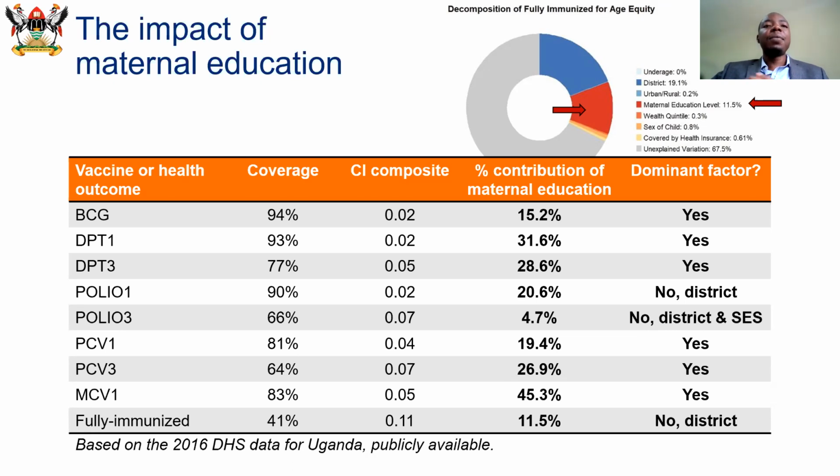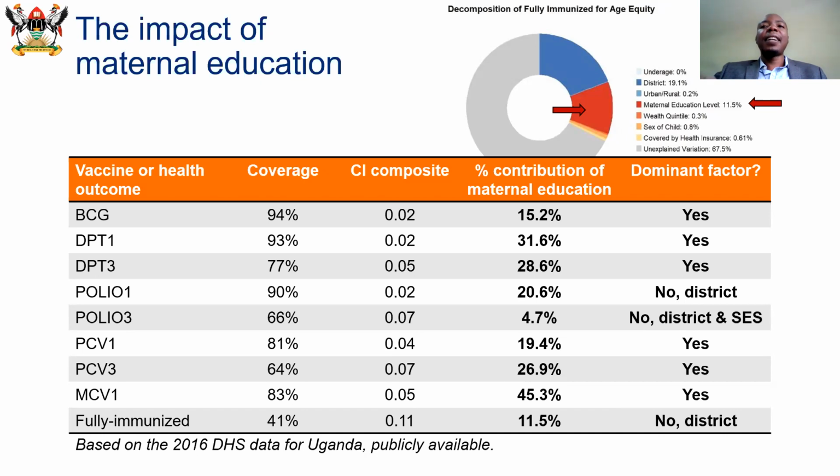On the immunization schedule, we see that BCG has the highest, as expected, but what's quite interesting here is that MCV1 is actually higher than PCV3 and DPT3. Some of the discussions with the policymakers were quite insightful in terms of what could have explained this.